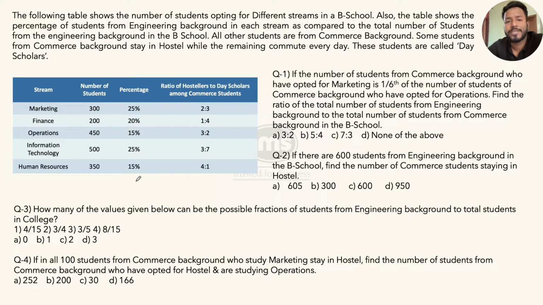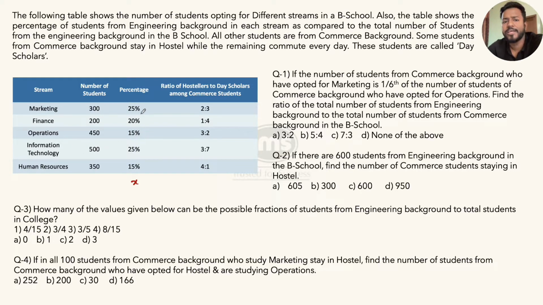So for example, if there are, let's say, X engineering students in total, out of that X, 25% are in the marketing department, 20% are in the finance department, 15% are in ops, 25% are in IT, and finally 15% are in HR. So if your engineering total is X, the X has to be divided according to these percentages, and those numbers are the number of engineering students in these particular departments, right?